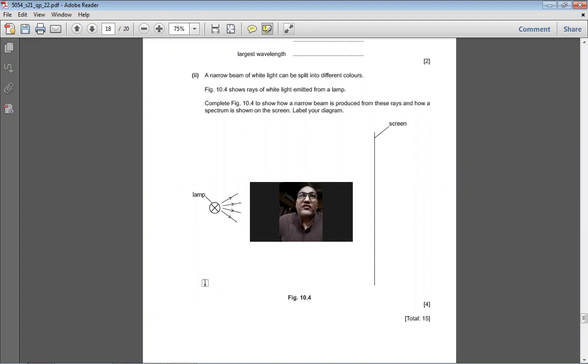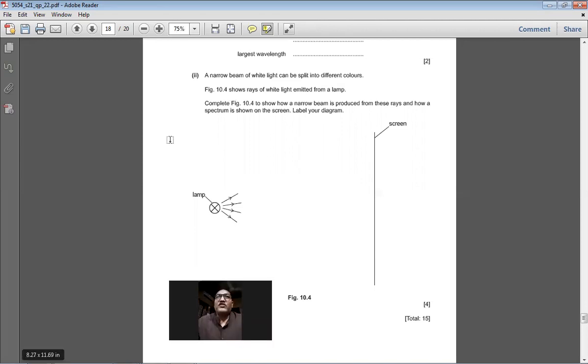Figure 10.4 shows rays of white light emitted from a lamp. Complete the figure 10.4 to show how a narrow beam is produced from these rays and how a spectrum is shown on the screen. Label your diagram.